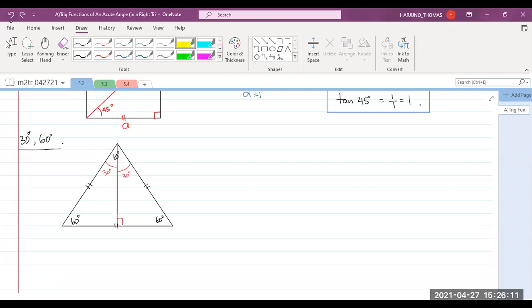Now, how about the ratio? Suppose the length here is 2a. Because three sides are congruent, then this must be 2a, this must be 2a also, right?